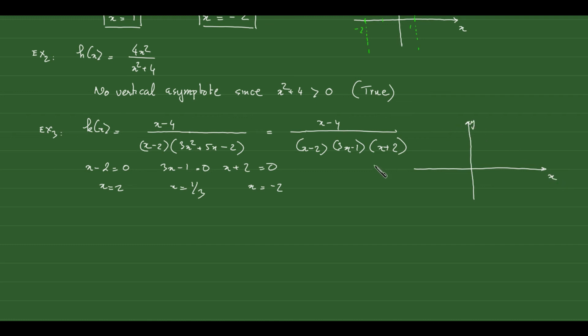So x equals negative 2 is the first vertical asymptote. x equals 1, 2, that's the second vertical asymptote. And x equals 1/3, so we have another one right over here, the third vertical asymptote. This is 1/3. So we have a total of 3 vertical asymptotes.